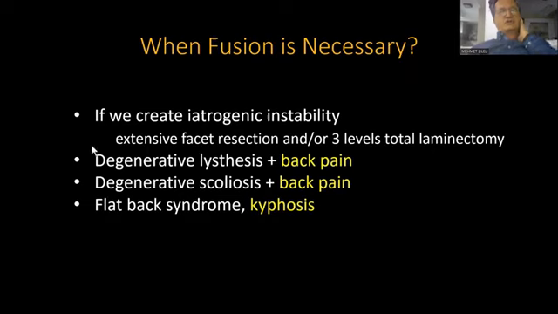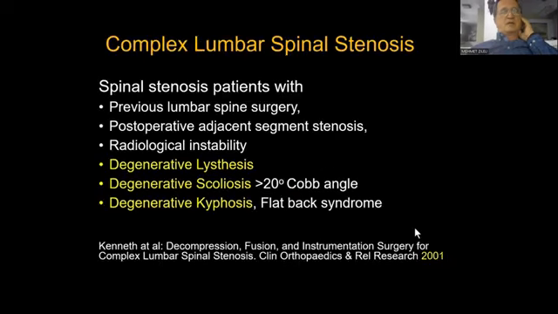Then, when is fusion necessary? If you create iatrogenic instability, meaning after extensive facet resection and/or 3-level total laminectomy, degenerative listhesis plus back pain, degenerative scoliosis plus back pain, and flat back syndrome or lumbar kyphosis.